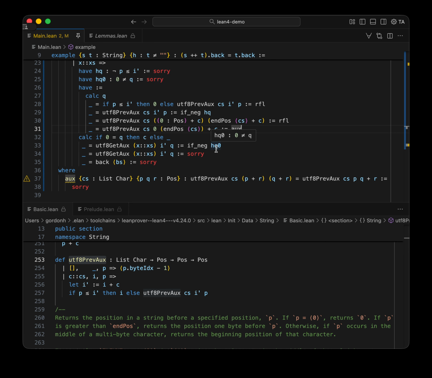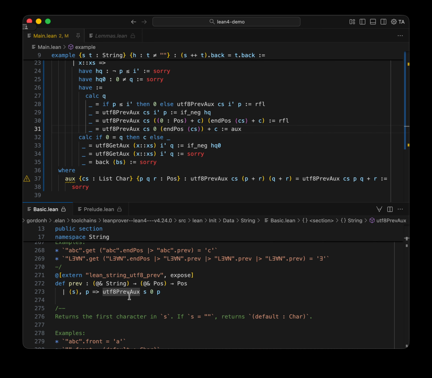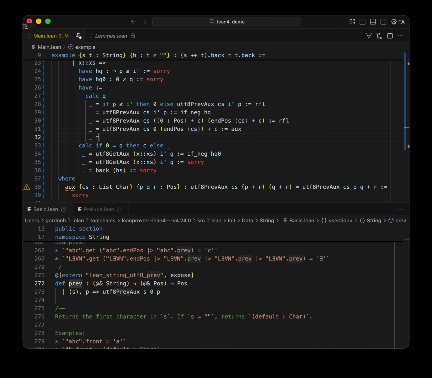Okay. So recall the special case where the first position is 0. It is actually just prev by definition. The shorter form would be this.